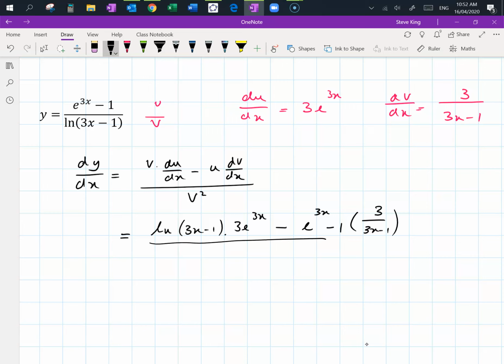And all of that I just need to put a bracket on, all of that needs to be over the natural log of 3x minus 1, and all of that's going to be squared. And I'm just going to leave it like that. Right, go and do some practice now.